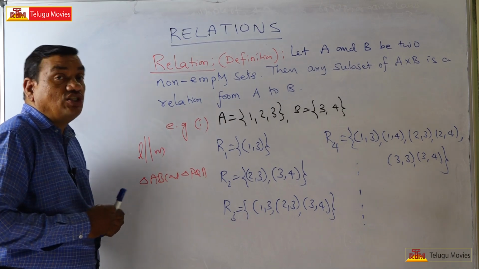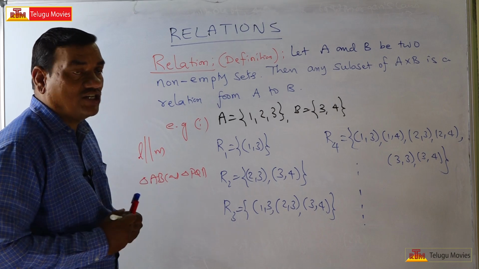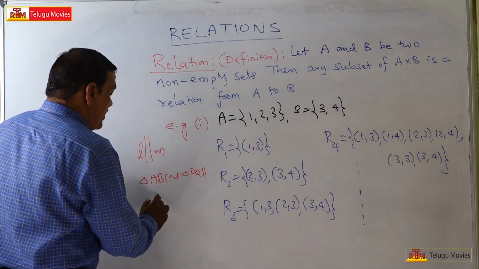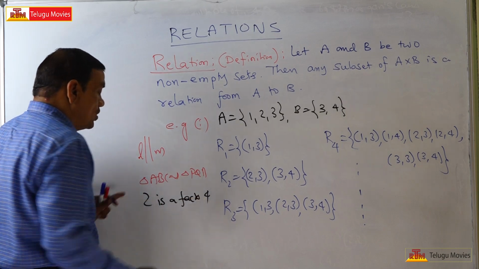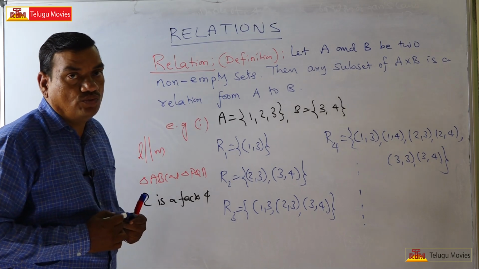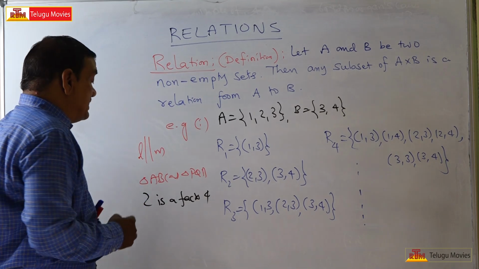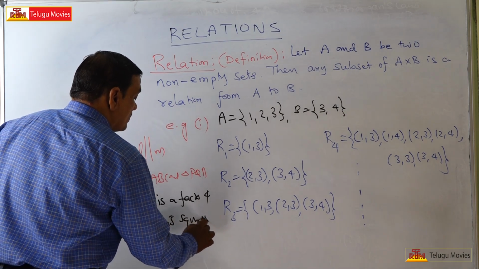Like that, in numbers also we maintain some relations. What is that? 2 is a factor of 4. 4 is a multiple of 2. Understand? Plus or minus 3 is the square root of 9.